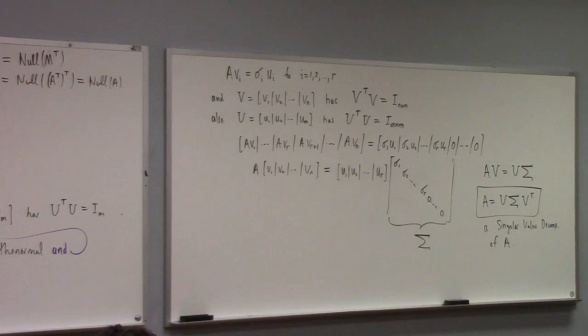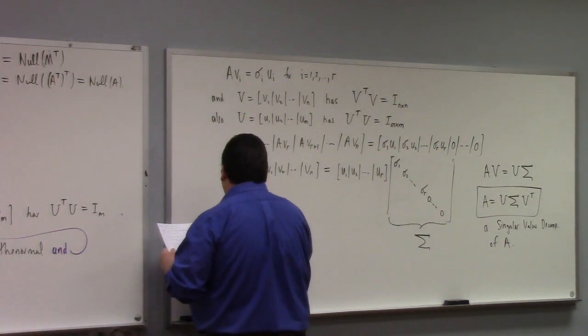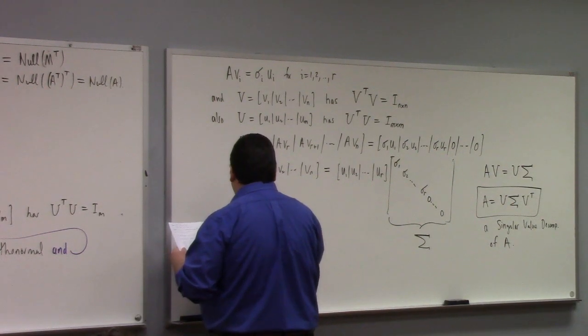All right, let's try to work one out. To recap, let me just recap the algorithm here before I step into an example. To find the SVD, we simply do the following.